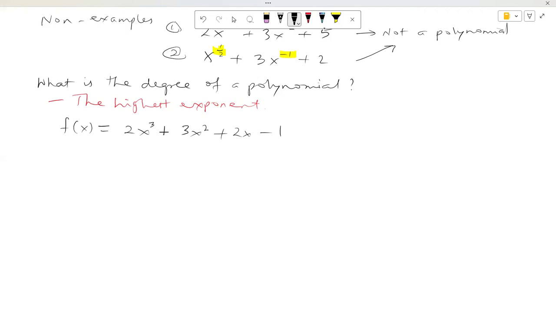If you look at the exponents, you have 3 over here, you have 2 there, and the invisible 1 here, and then nothing here, the constant, right? Now, the highest exponent in this function is 3. So this is going to be a third degree polynomial, or a polynomial with a degree of 3.